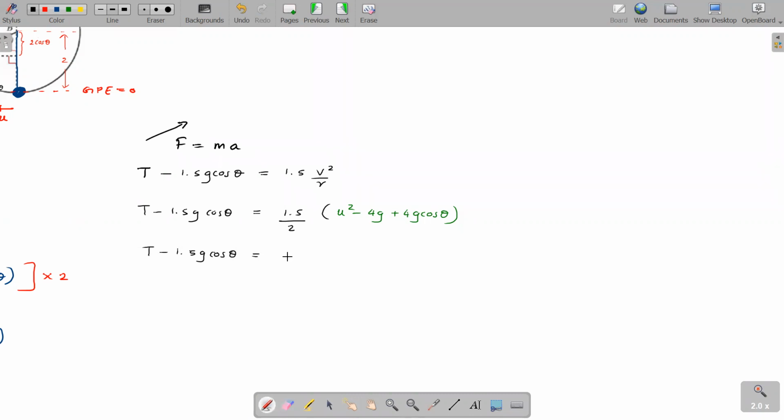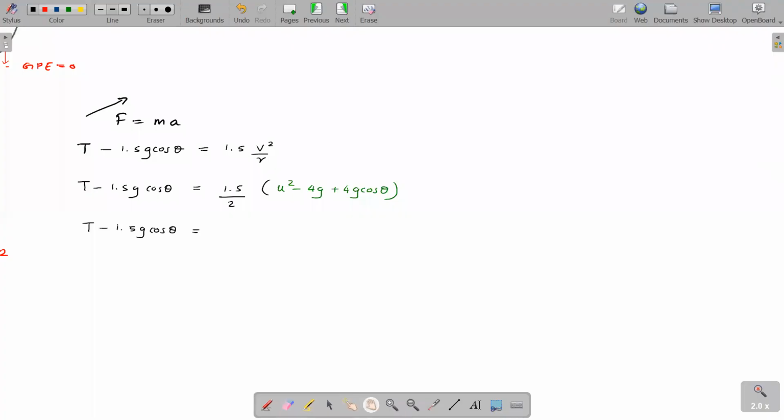So 1.5 over 2. Guys, we'll type this in the calculator, right? Okay, so 1.5 over 2 is 3 over 4.